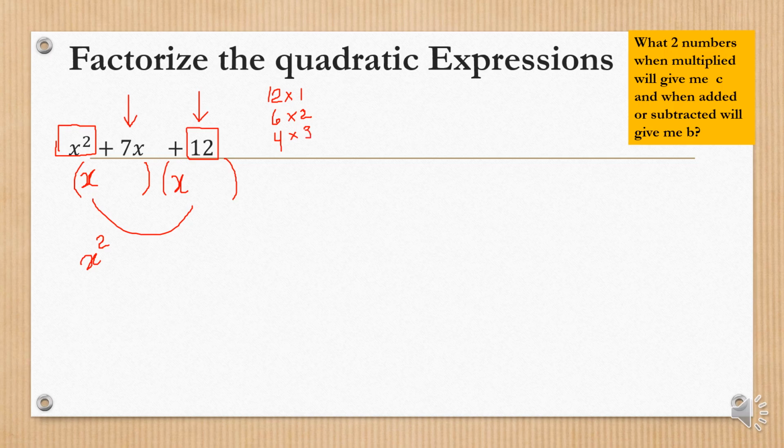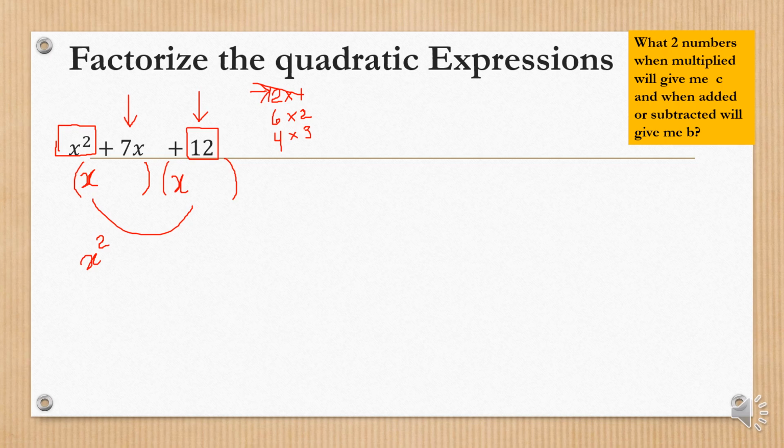Good. So let's try the first one, 12 by 1. Before I do that, could I add or subtract 12 and 1 to give me 7? No, I cannot. So I would not even consider the first option. Let's look at 6 by 2. 6 2s are 12.